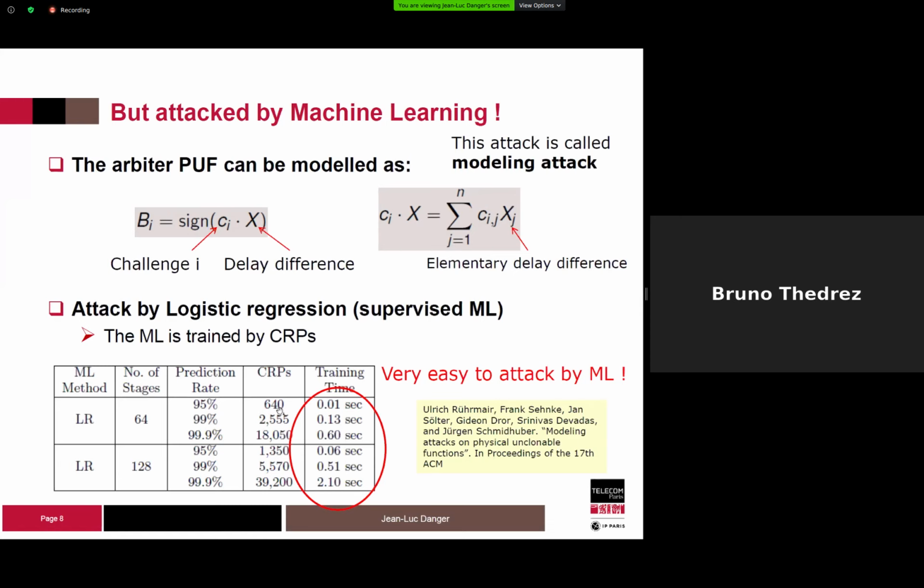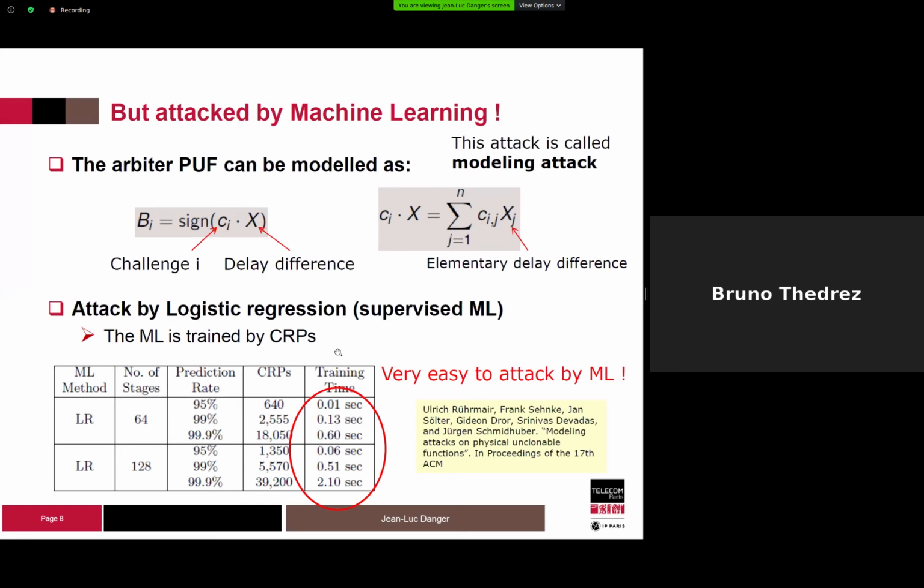For instance, here it's indicated in the CRPs column. You can see clearly that if you have 640 challenge response pairs, you can predict with a prediction rate of 95% the good response of the PUF.